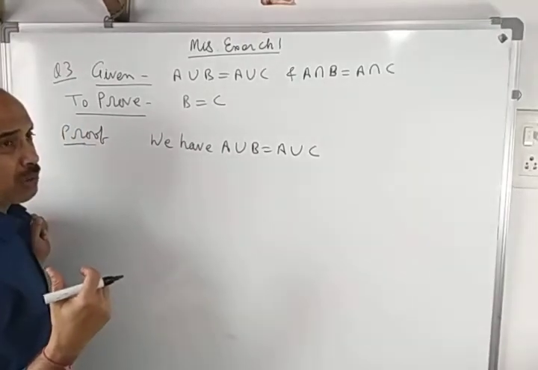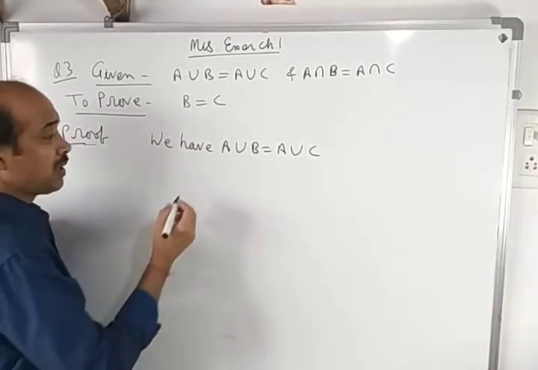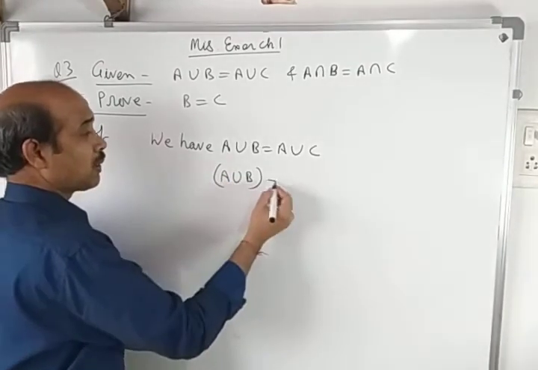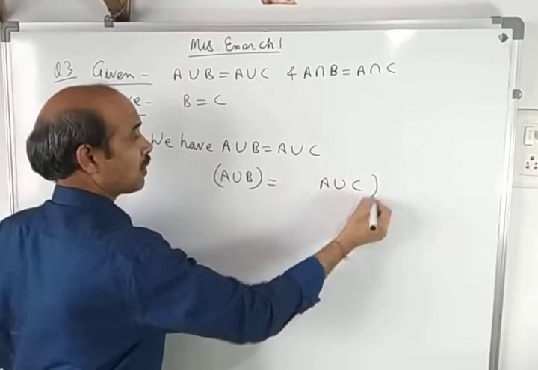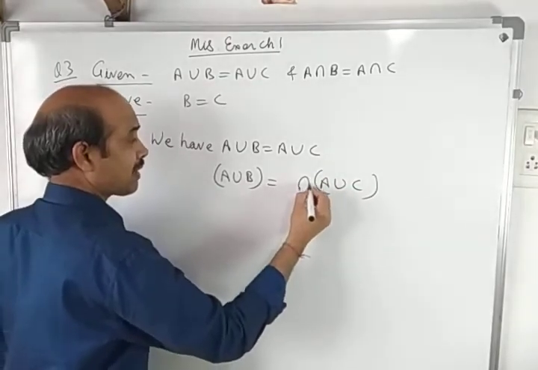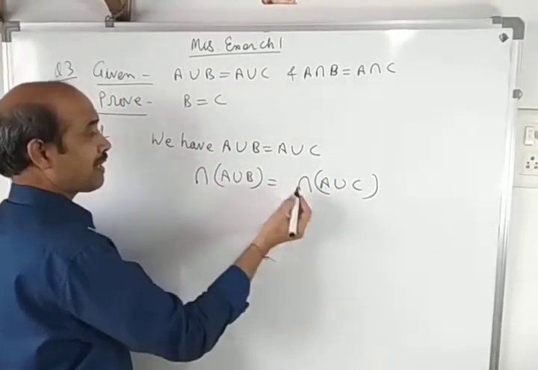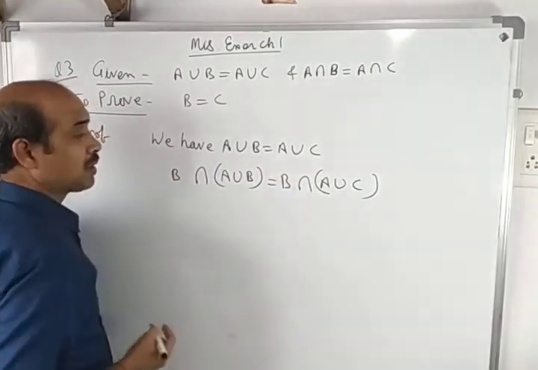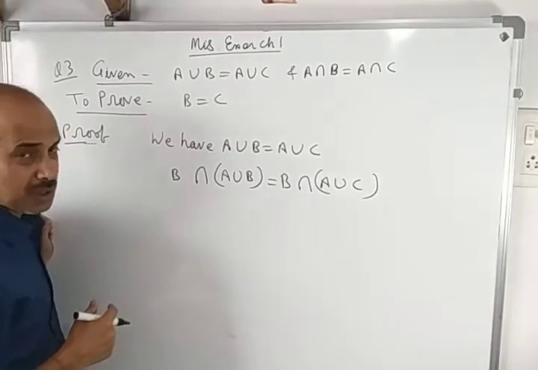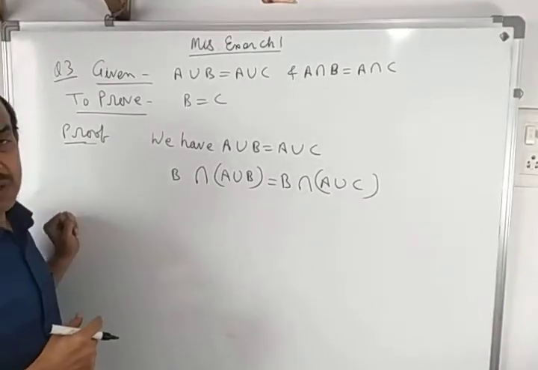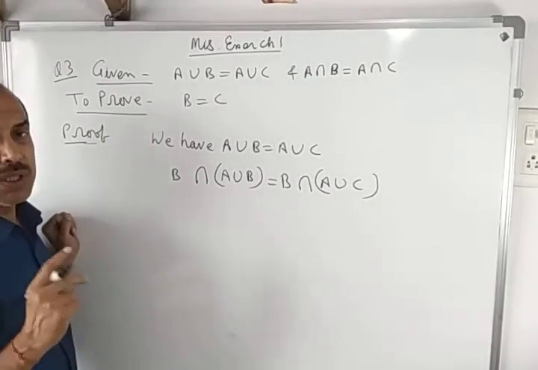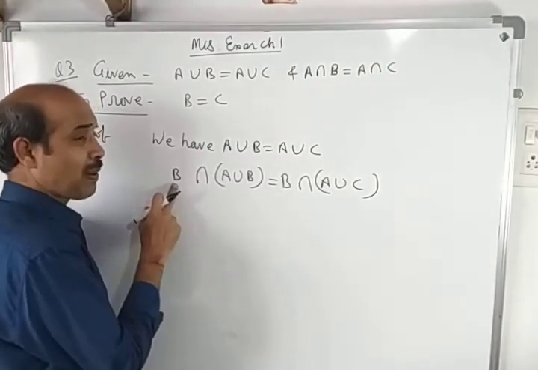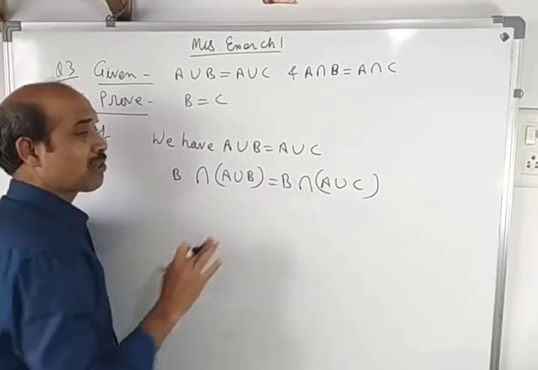If two sets are equal, then if you take the intersection of equal sets with any other set like B, then this will also be equal. If two sets are equal to each other and you are taking intersection with the same set, then their intersection will also be equal.